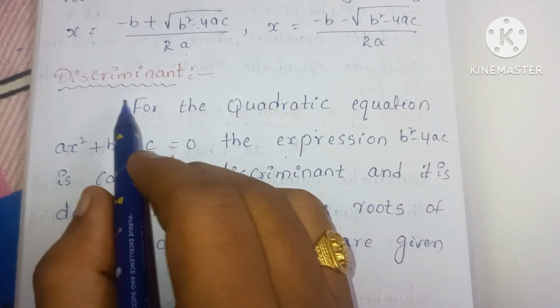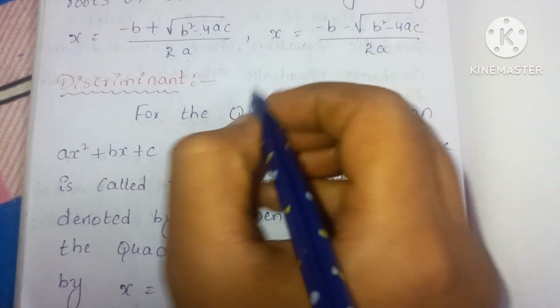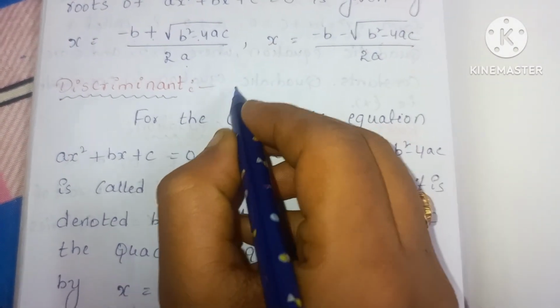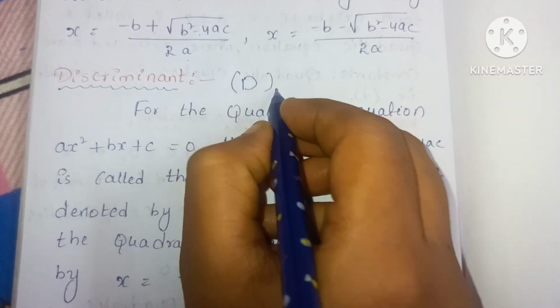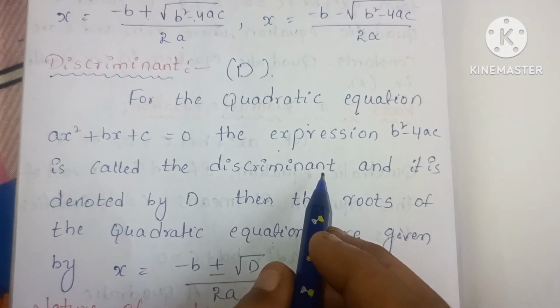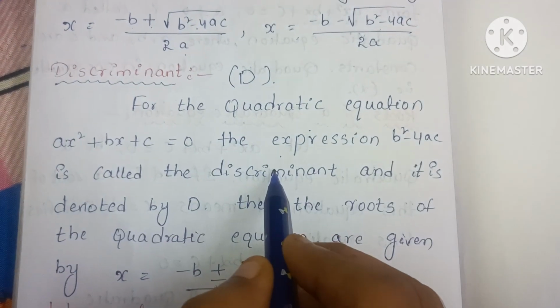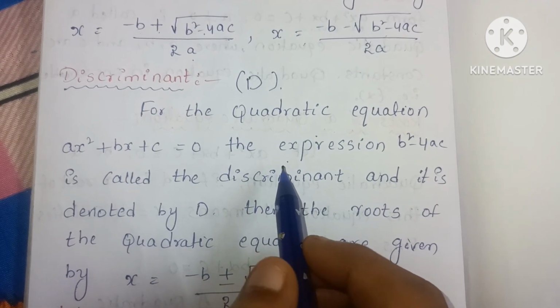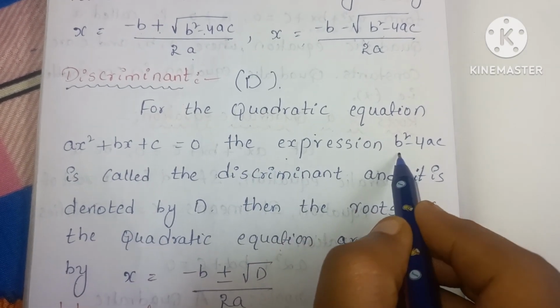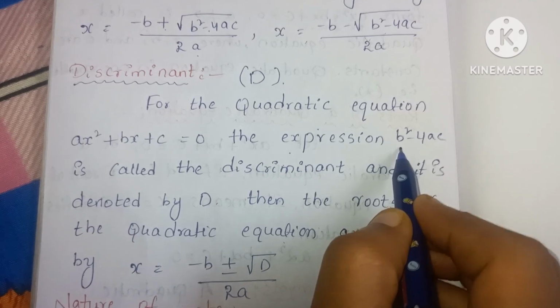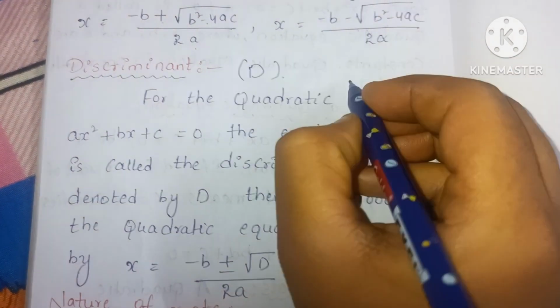Next one is the discriminant. Discriminant is represented by capital D. What is the discriminant? Discriminant is b square minus 4ac: D equals b square minus 4ac.